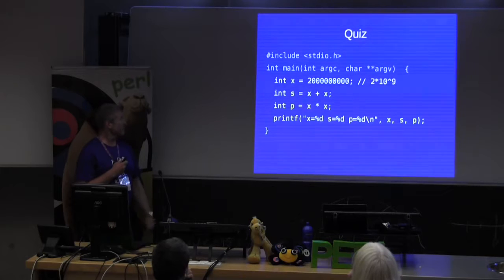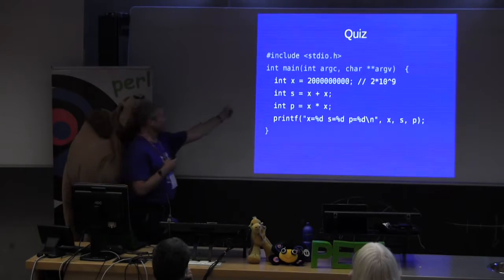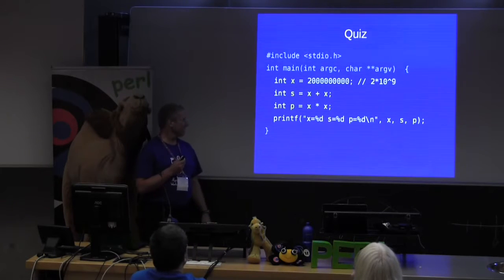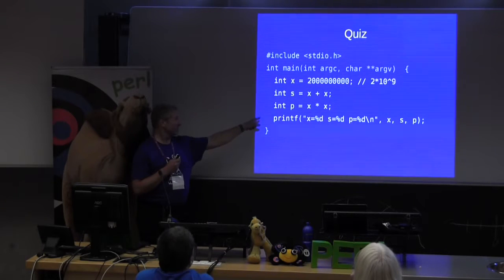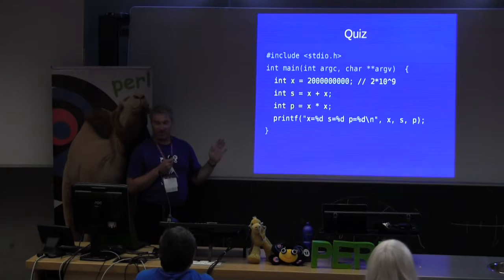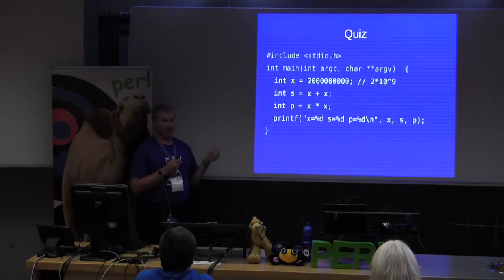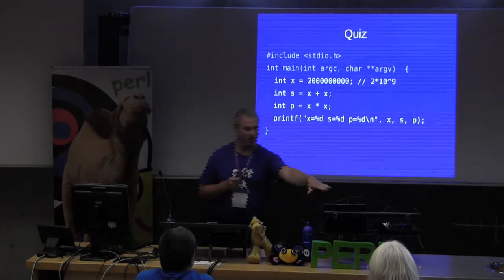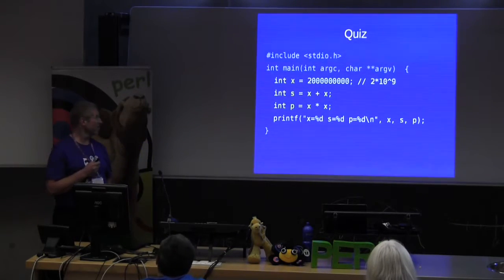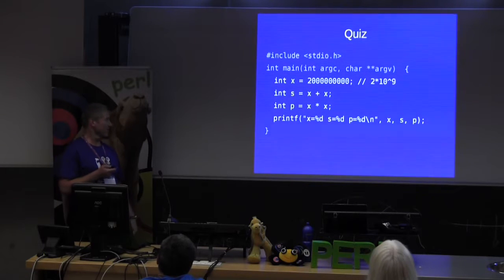So we take an integer, 2 times 10 to the power of 9. Then we add it to itself, we multiply it with itself, and we use a certain operating system and a certain compiler. So it's this computer and GCC, Linux and 64-bit.